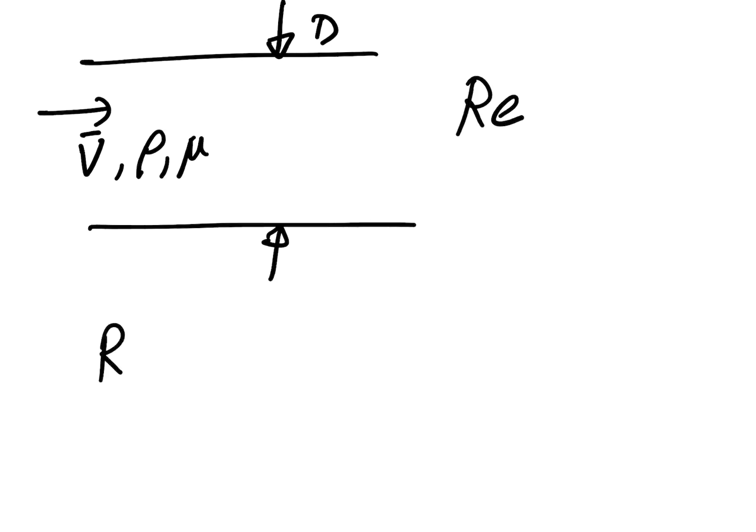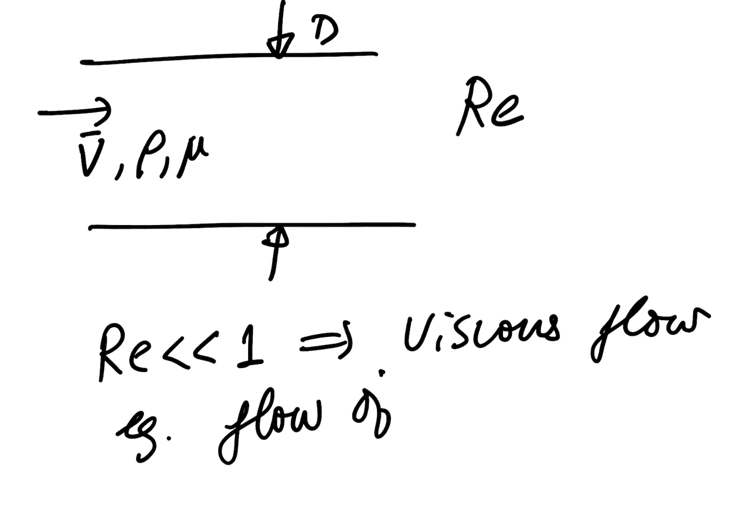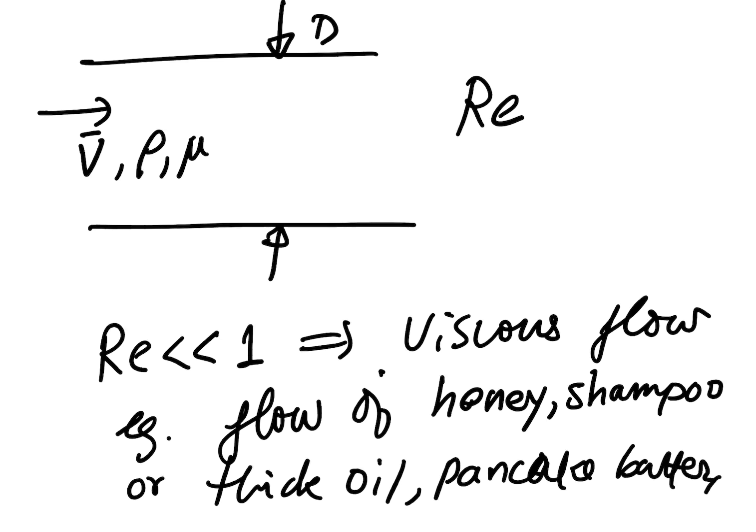If this Reynolds number turns out to be much less than 1, this means it's a very viscous flow, and examples of those would be, let's say, flow of honey or shampoo, or very thick oil, or pancake batter, and so on.